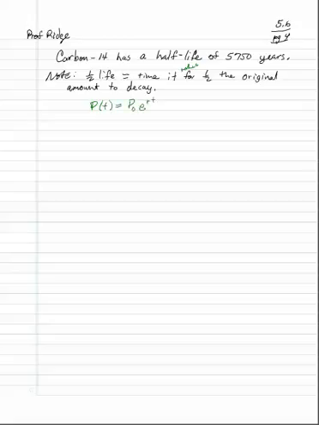Now this is where I'm going to vary from the book a little bit, because again, I don't view the formula as different for growth or decay. The book makes note that k is always a positive number, and P of t equals P sub 0 e to the kt would be growth, and then this one would be decay.